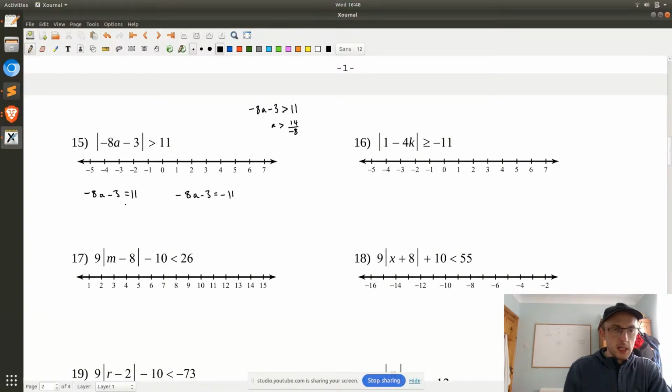Okay, so negative 8a equals 14. So a equals negative 14 over 8 or negative 7 over 4. Gotcha.